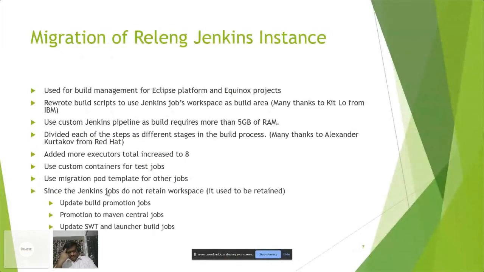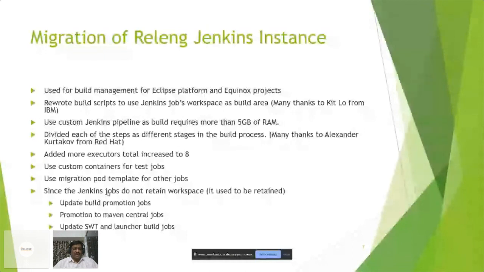Then another problem, the final problem we had to solve, was how to resolve jobs which use workspace data. The kind of jobs we had were build promotion jobs, which used to share workspace between the build promotion jobs. That is not possible now, so we had to use archives there.